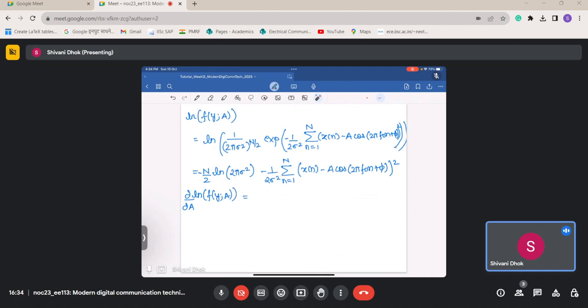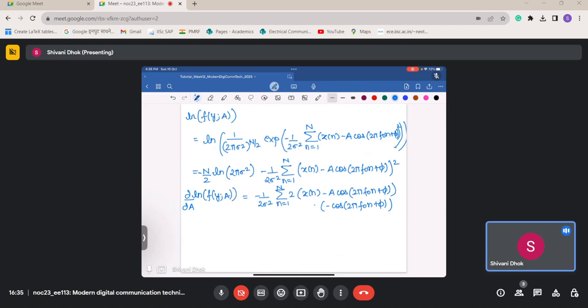Now if we consider this term, then this will be equal to minus 1 by 2 sigma square summation n equal to 1 to capital N 2 times (xn minus a cos(2 pi f naught n plus phi)) multiplied by differentiation of the term inside the square, that will be minus cos of (2 pi f naught n plus phi). And now we need to set it equal to 0.